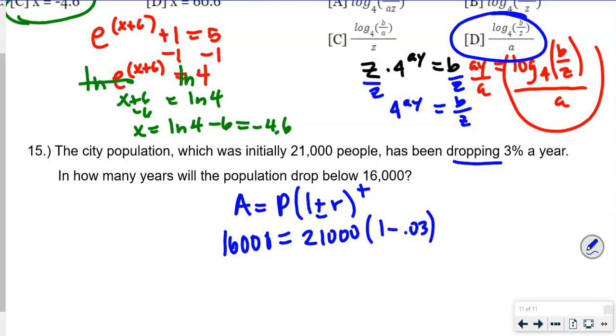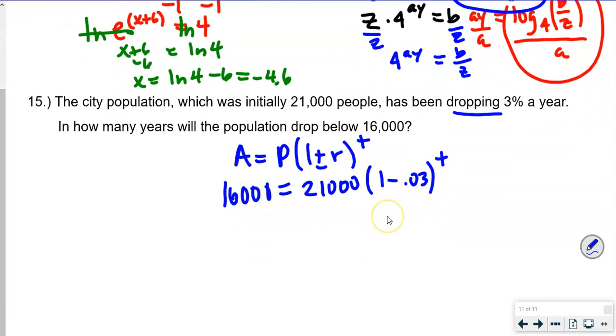Now listen, if it says it's growing, we're going to add that number, okay? So watch that, okay? And then we're going to solve for t here, right? So our first step here, after we wrote it, would be to divide by the 21,000 on both sides. So 16,000 divided by 21,000, I got was 0.7619.